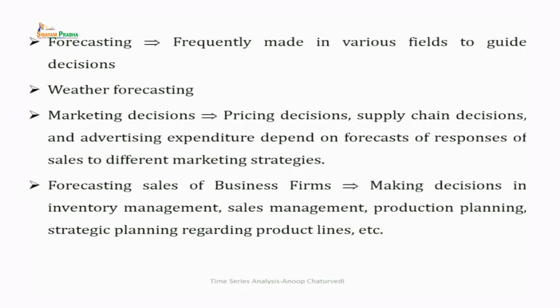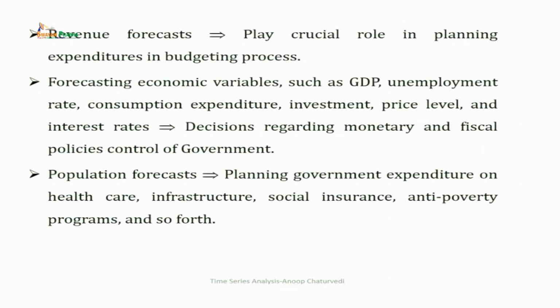So, this kind of decisions help you if you are able to forecast the sales. It also helps you in strategic planning regarding product lines. So, in business firms it helps you in many ways.